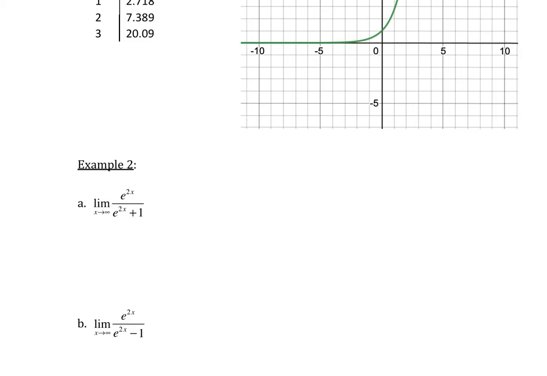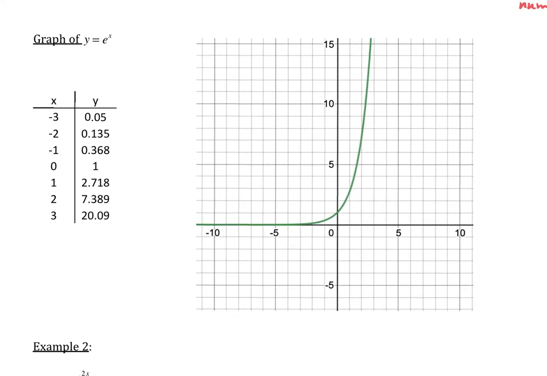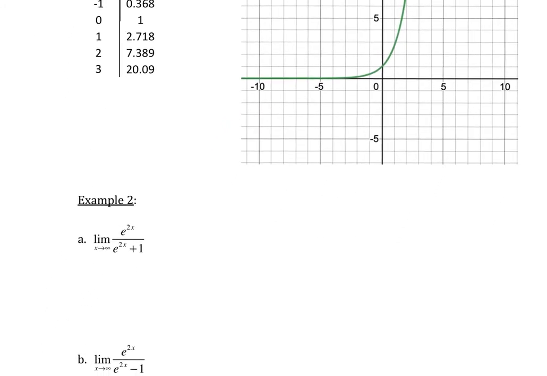When I look at the graph of e to the x as we go to infinity, this graph looks like it's going to go to positive infinity as well. So the numerator looks like it's going to some sort of infinity. The denominator is also basically going to be infinity plus 1, also some sort of infinity. So we basically get infinity over infinity. I don't really know what that is.